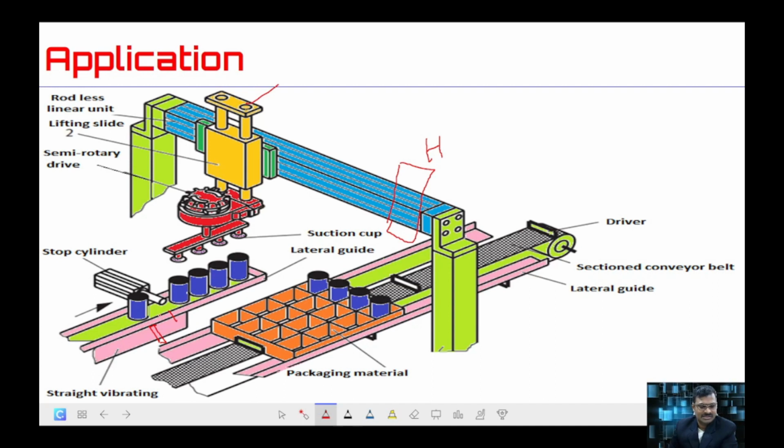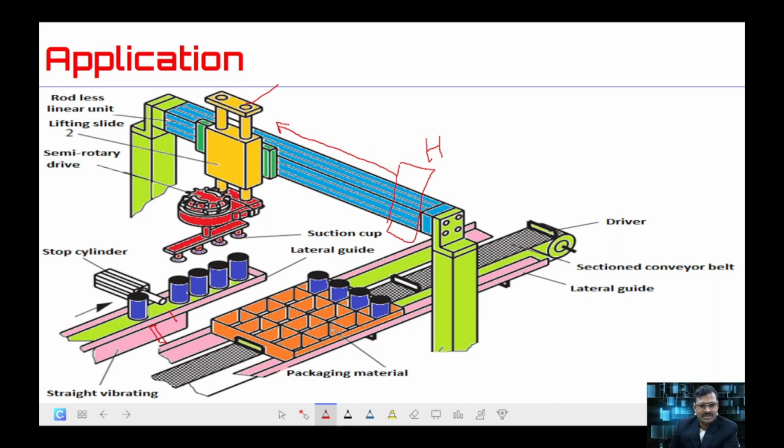So this is the first action. Once this is extended, the lifting slide unit and the rodless unit, the total unit, has to move from here to this side. Say for example x to x minus, so it moves in this direction.